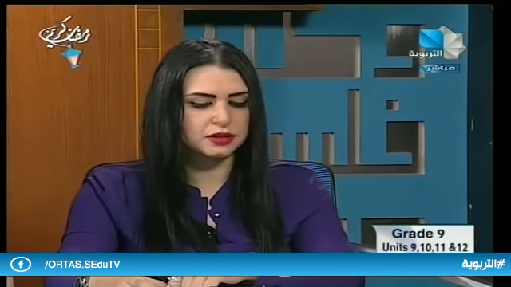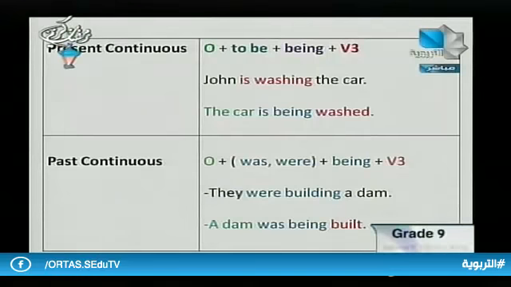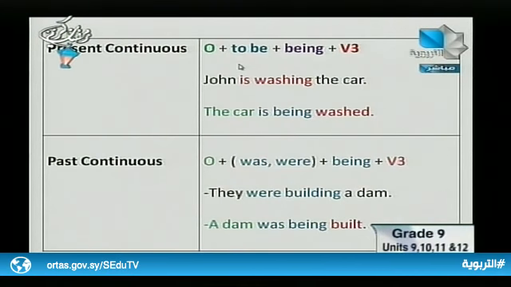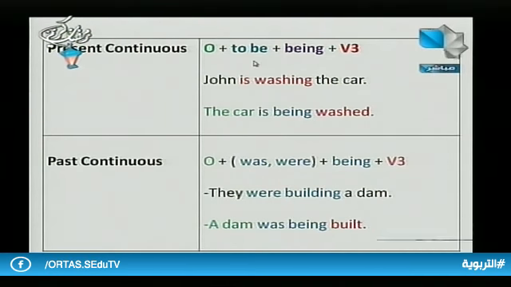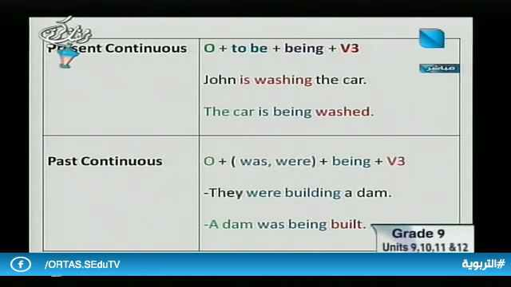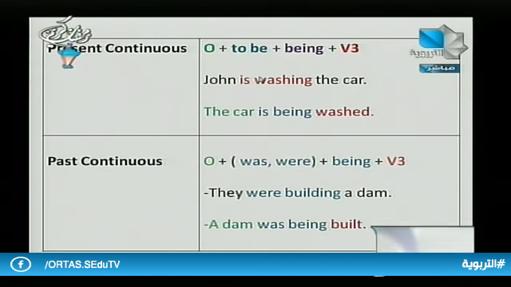Present continuous, of course we know, as we mentioned, object becomes first, verb to be plus being plus verb 3 or past participle. For example, in the active voice, John is washing the car. The car becomes the subject: the car is being washed. This is the present continuous.